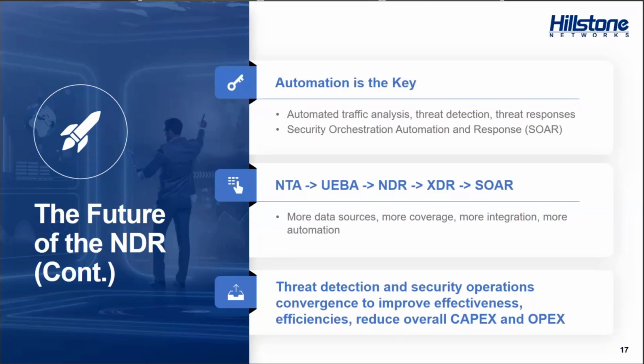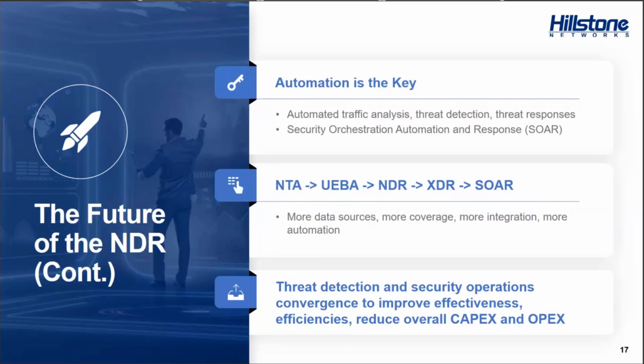So as we see, NDR has come from original NTA, traffic analysis, adding more behavior analysis, to become today's NDR. And then if we ingest more data sources, we become XDR. XDR means extended NDR. We can analyze and respond to any data sources. And NDR next, at a larger scale, will become SOAR.